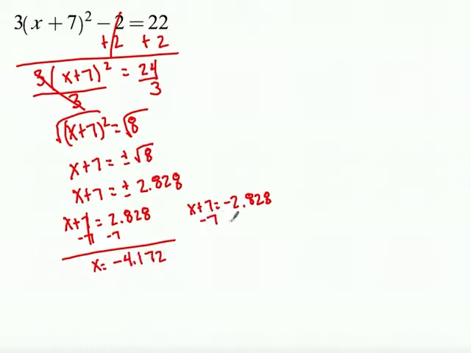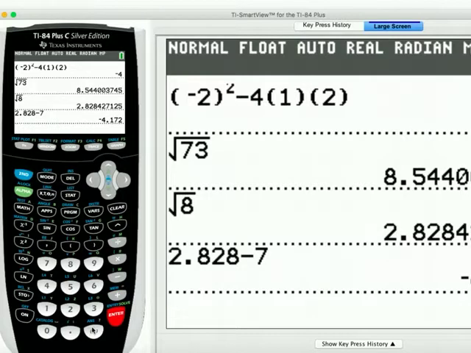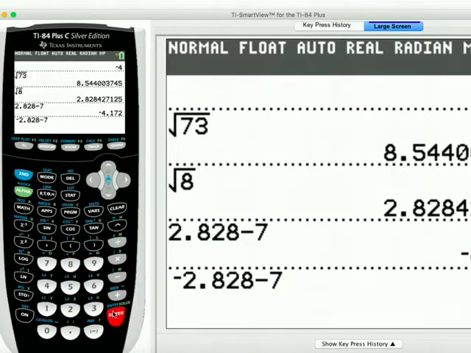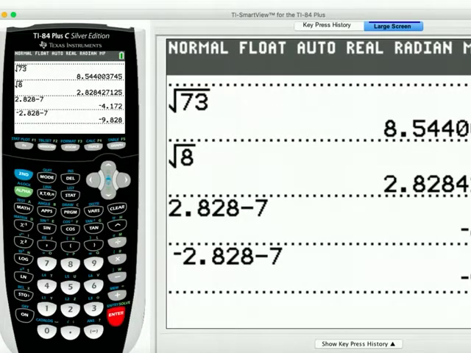Over here, subtract 7 from both sides. That'll cancel. x will equal negative 2.828 minus 7, which is negative 9.828.